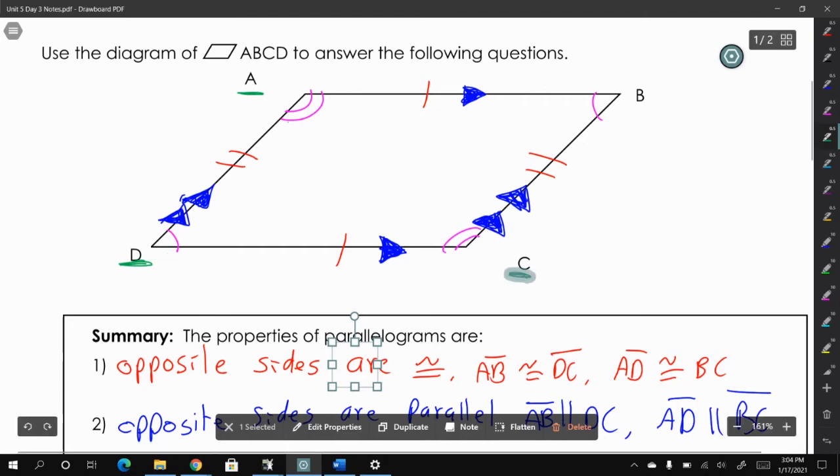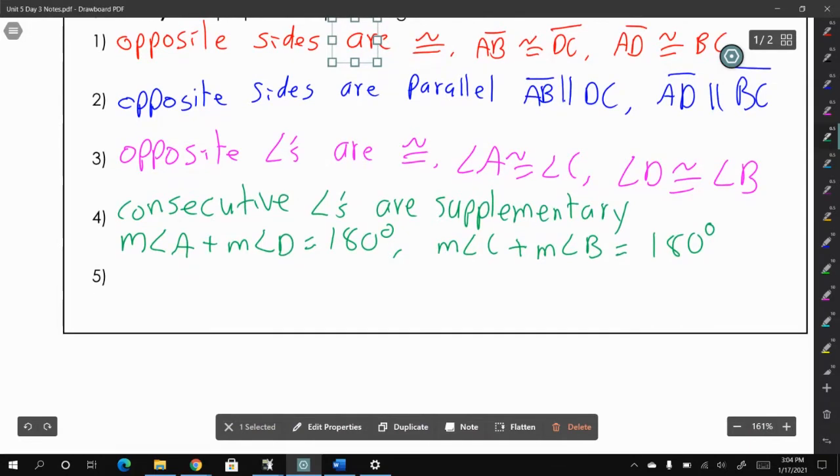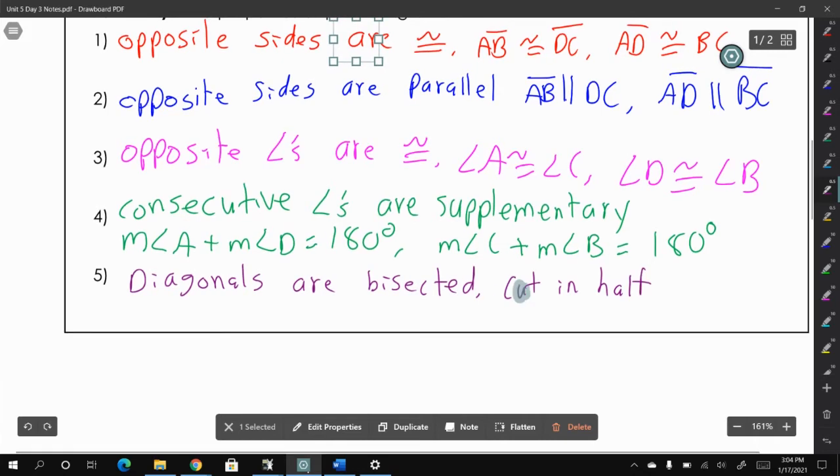Then the last property is that the diagonals are bisected, which means cut in half.